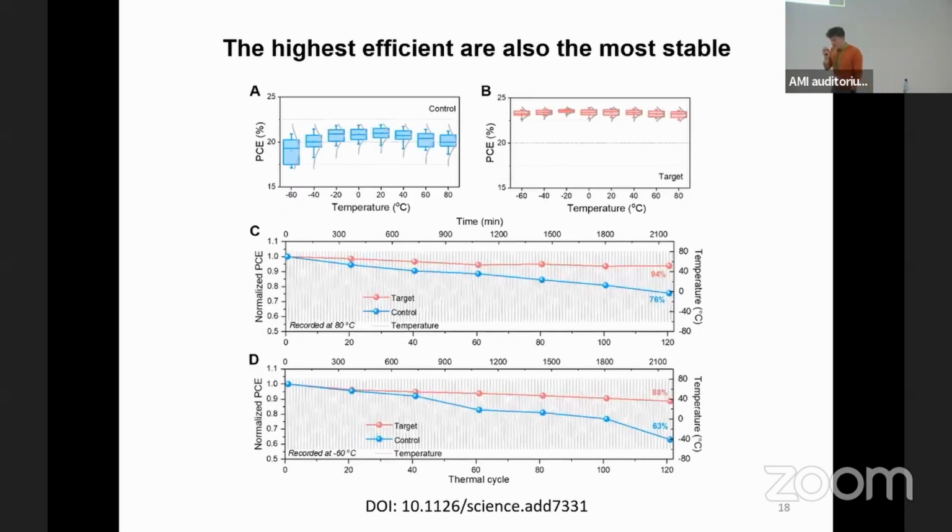What was very interesting, and the reason why this result became very appealing, is that we prove a rather stable system against temperature variation. Now, when my postdoc proposed this to me, I said, why is temperature variation so important? A device will never experience a variation of 100 degrees, but in reality, it will experience a variation of roughly 100 degrees, because when you illuminate the device, the temperature inside the device can easily go up to 80 degrees.